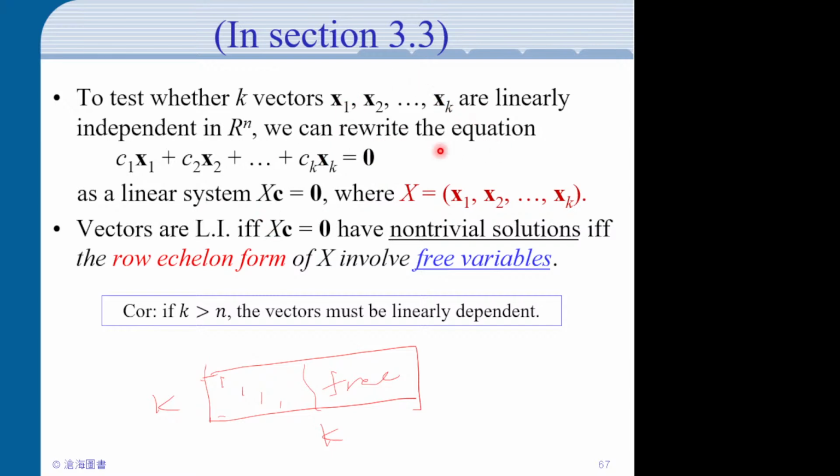So you form a matrix by listing those vectors together as big X, and you want to multiply some vector c equal to 0. To test whether they are linearly independent, you can find the reduced row echelon form of X, or row echelon form because you don't need to totally reduce. But anyway, you find the row echelon form of X, basically U, and you see whether they have a free variable.